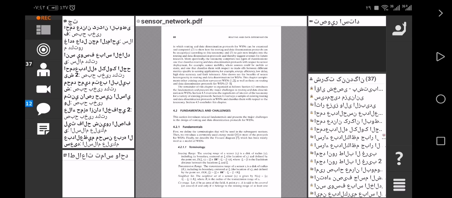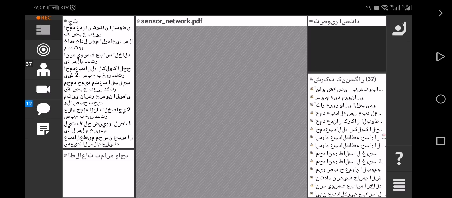So coverage includes all points that are at least under the sensing range of at least one sensor. The area A is said to be covered if and only if every point P belonging to A is covered. This is the definition of coverage.